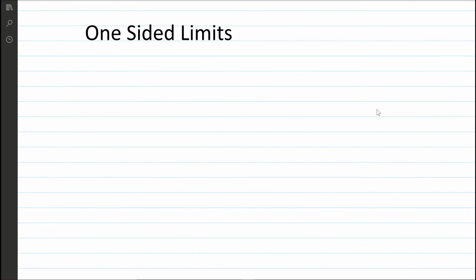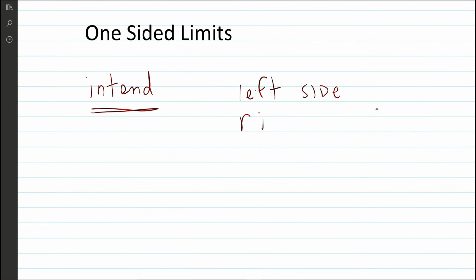All right, so our next topic in our introduction to limits are one-sided limits. When we look at functions, functions will usually intend, we said, to reach two different heights at a given x. So one height as you come from the left side, and one height as you come from the right side.